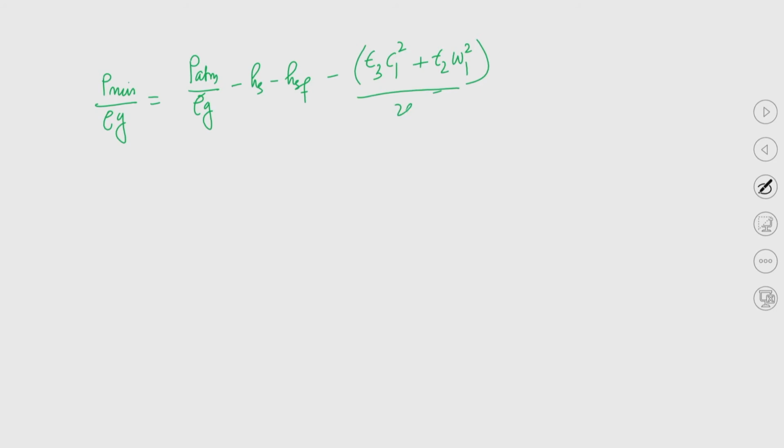So we can write that P minimum by rho g equals P ATM by rho g minus Hsf minus epsilon 3 C1 square plus epsilon 2 W1 square divided by 2g.